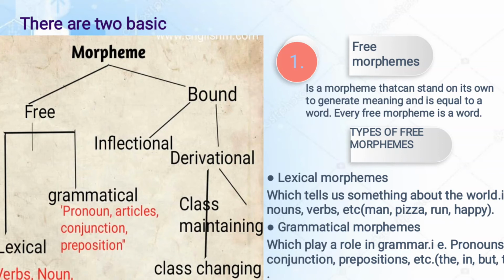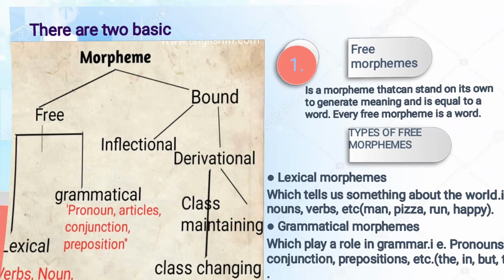The grammatical morpheme, on the other hand, plays a role in grammar. That is, with the pronouns, the conjunctions, the prepositions, etc. Examples are the words there, in, but, to.